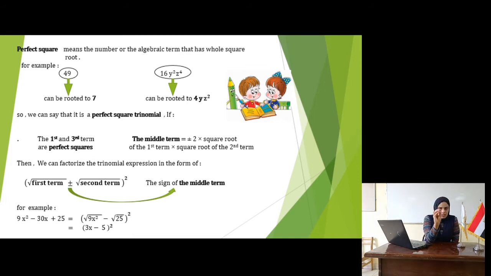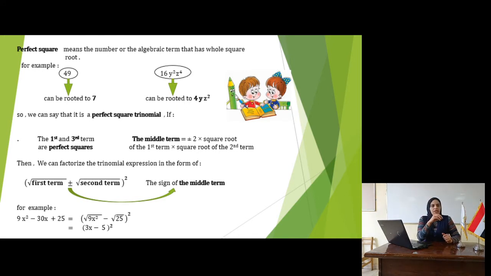If you are sure that the first term is a perfect square, the third term is also a perfect square, and the middle term equals positive or negative 2 times the square root of the first term and the square root of the third term, then we can say that it's a perfect square trinomial. And how can we factorize the perfect square trinomial? By the square root of the first, the square root of the third, all to the power 2.